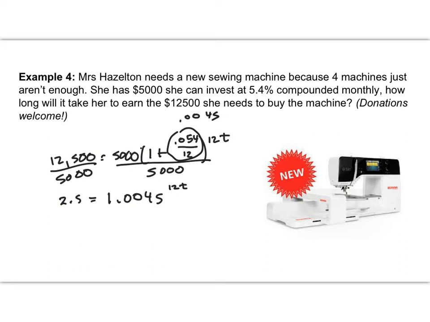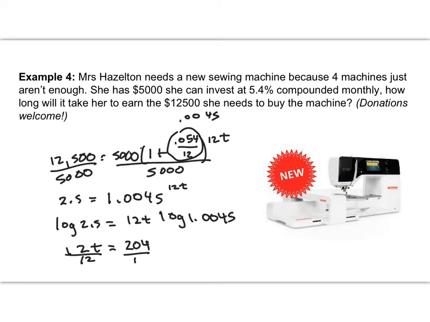All right, I need to take the log of both sides. I'm going to go ahead and divide both sides by the log of 1.0045, and 12t ends up being around 204. And then when I divide by 12, t is about 17 years. Oh, that's so sad. Okay.